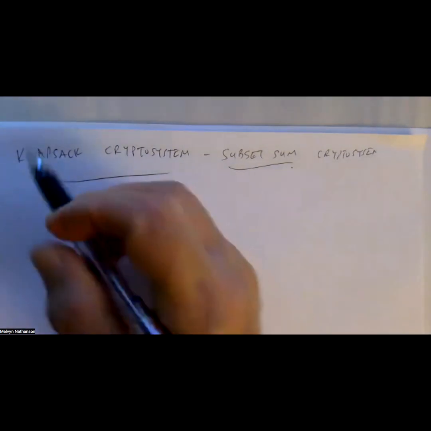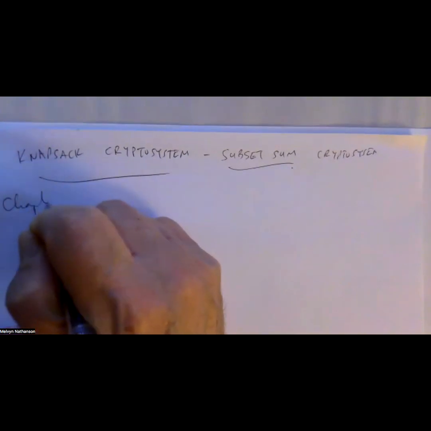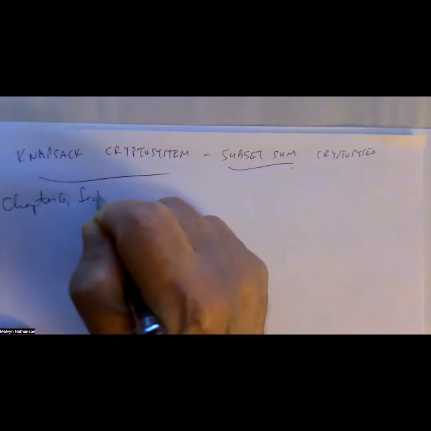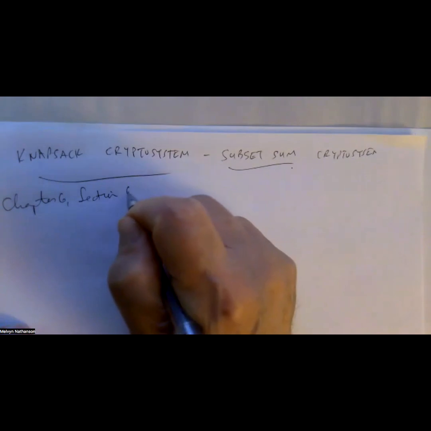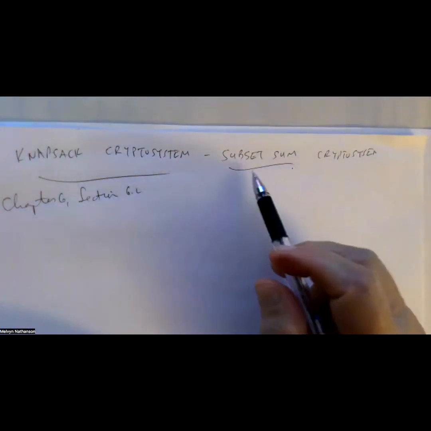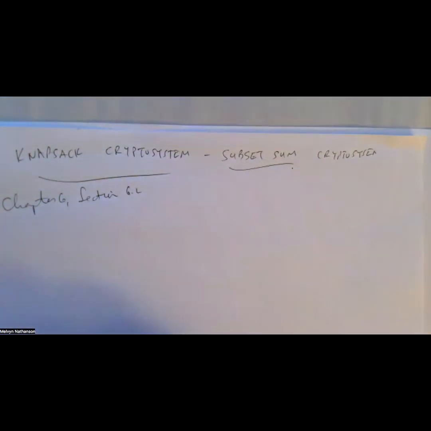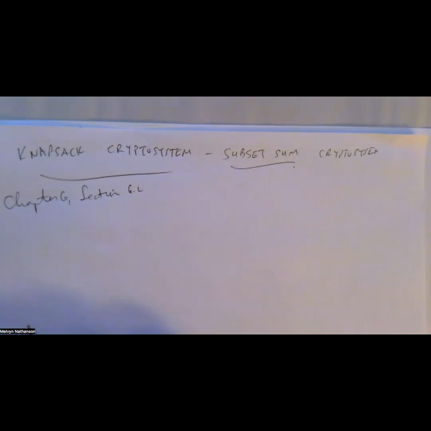Okay, so this is chapter 6, section 6.2, subset sum problems in knapsack crypto system.